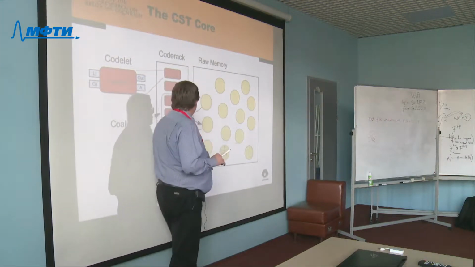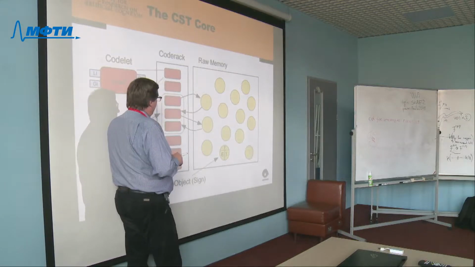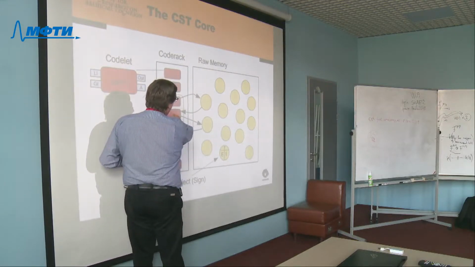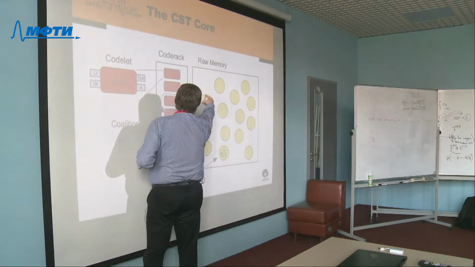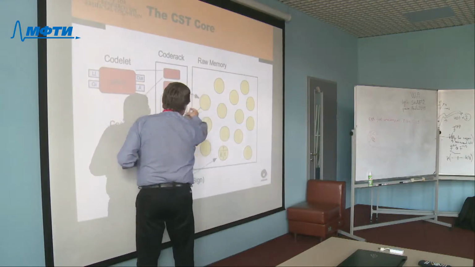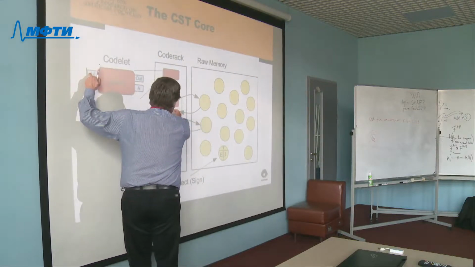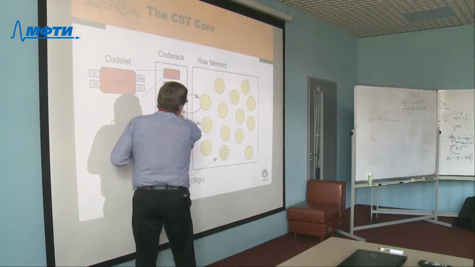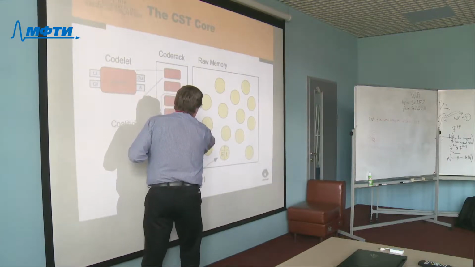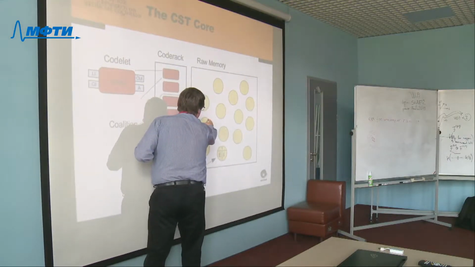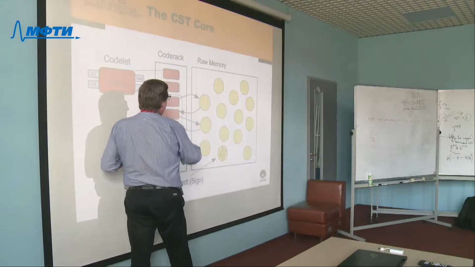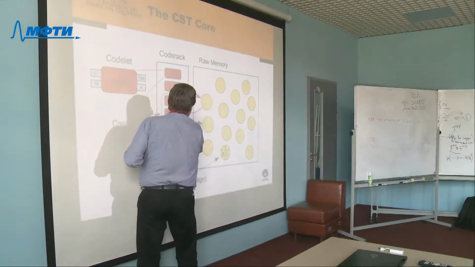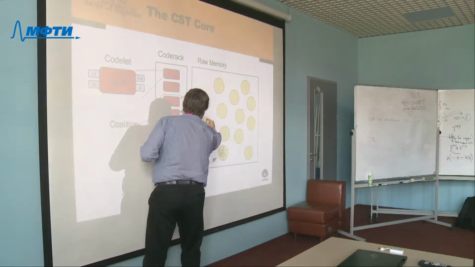Okay? So, for example, this codelet here is receiving this information from this memory object in its local input, okay? And its output is going to another memory object, okay?